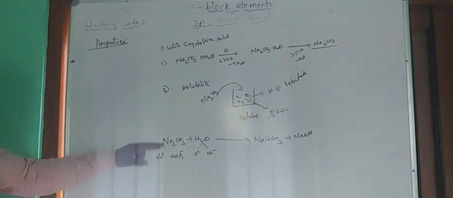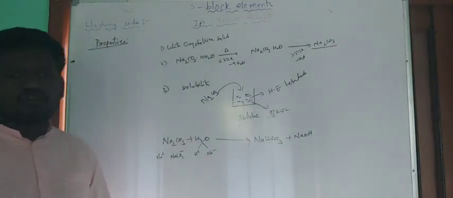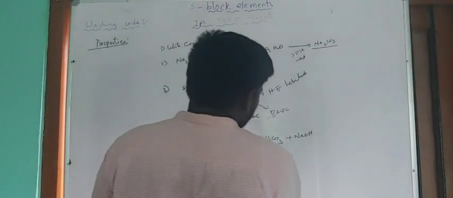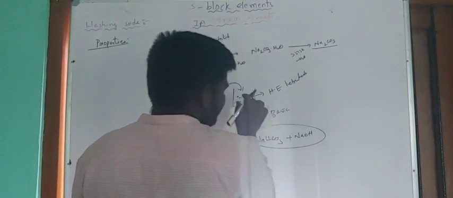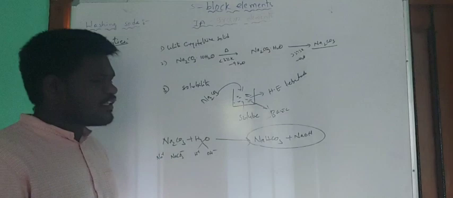So when you add Na2CO3 in water, you get sodium hydroxide, and due to the formation of these two chemicals, the solution is slightly basic in nature.